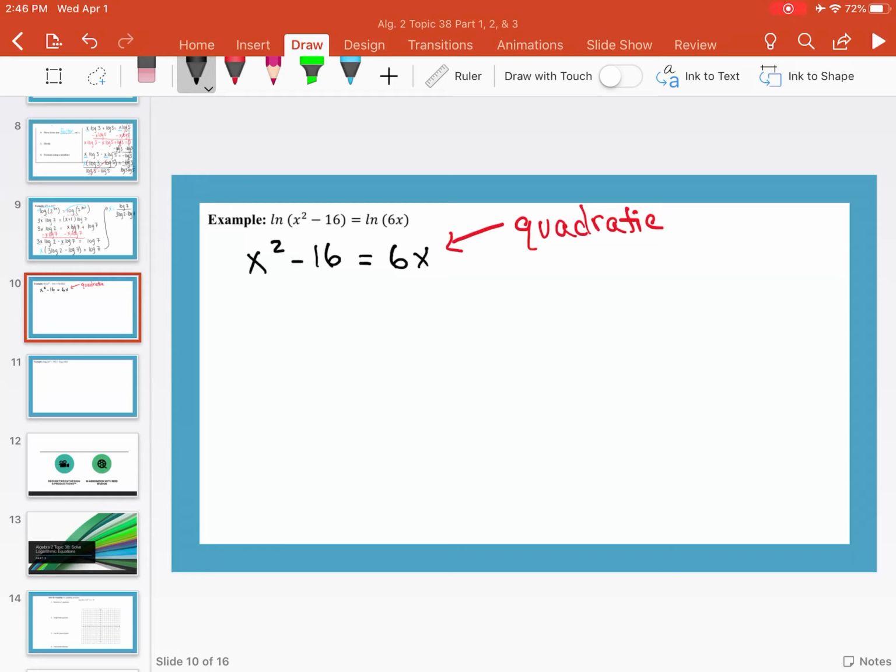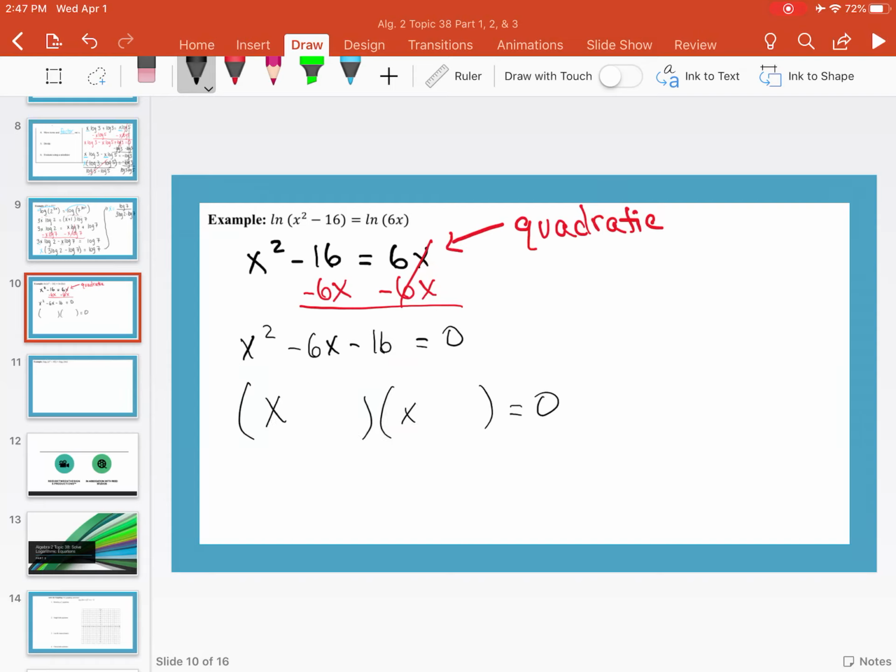Here, let's see if we can factor. So I'm going to subtract my 6x so that it's on the left-hand side, and I can set my equation equal to 0. So I'm left with x squared minus 6x minus 16 equals 0. Now here, I can factor this as x minus 8 and x plus 2.